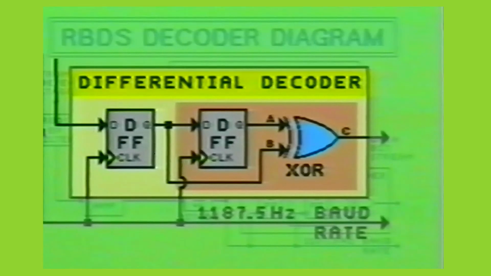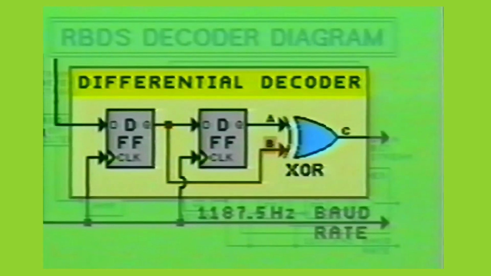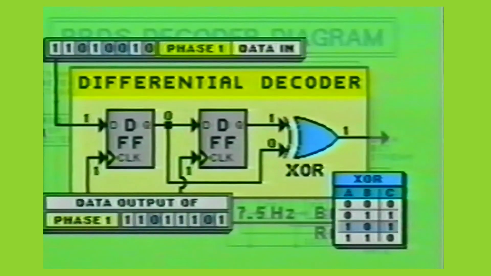Input B of the exclusive OR gate receives its logic directly from the output of the first D-type flip-flop, while input A is supplied with the logic of the previous clock cycle through the use of the second D-type flip-flop. As you can see, the exclusive OR gate processes every 2 bits along the incoming serial bit stream during each clock cycle.